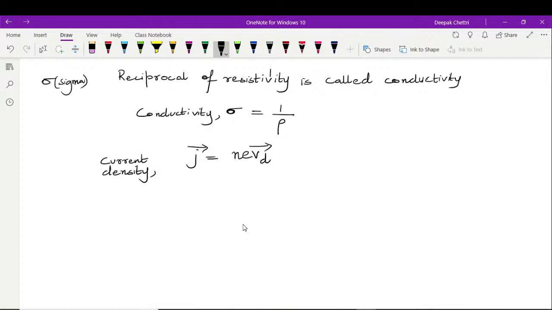Now if I put the value of vd, which, if you remember, is e E by m times tau, right? This is the formula for vd. So this will be equal to n e square tau by m times E, and E has a vector sign. Okay, so this is your expression for J.